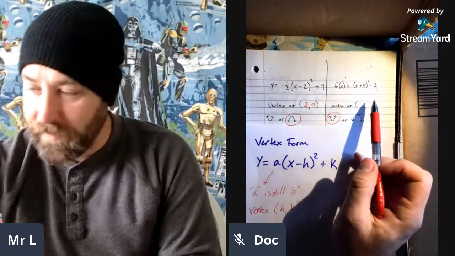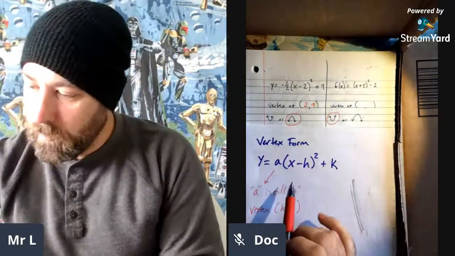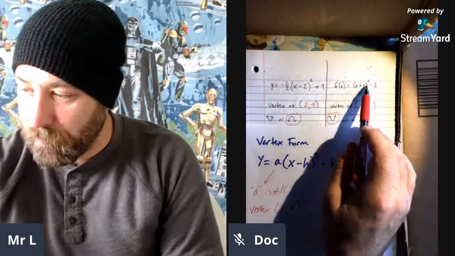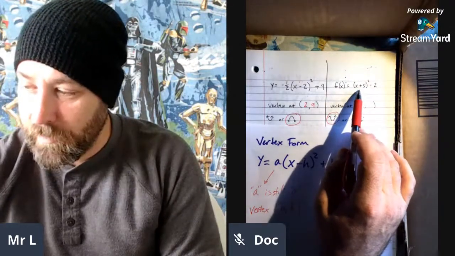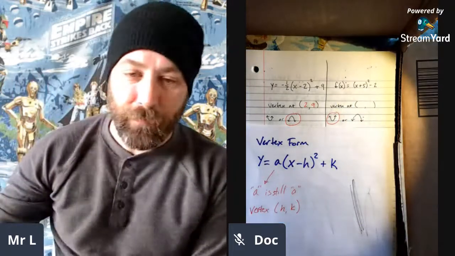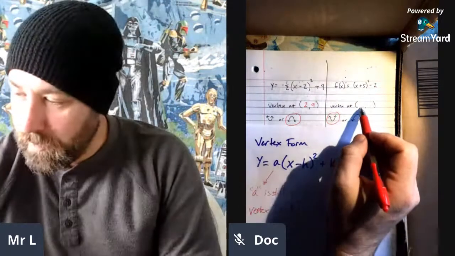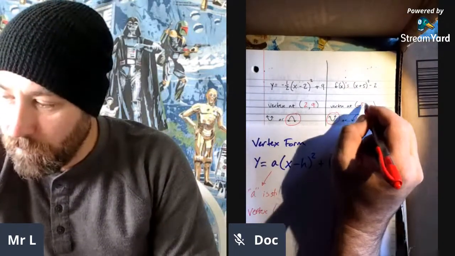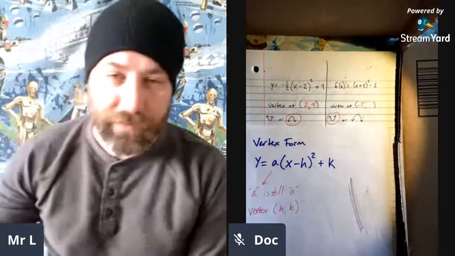Over in the second problem, this reads x plus 5 squared minus 2. Now, the generic form, again, says x minus the h amount. Well, in the actual equation, we have an add 5. So what number could we put in for the h amount that would turn this subtraction to addition? Well, h would have to be a negative 5, because if you subtract a negative 5, what you end up doing is adding 5.